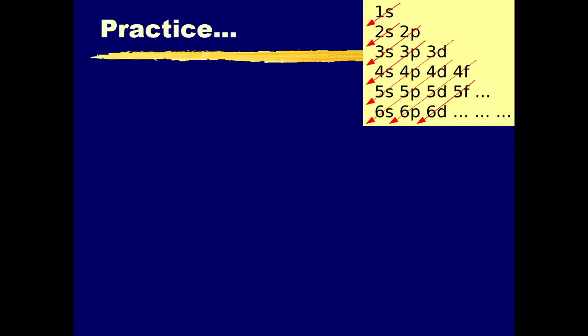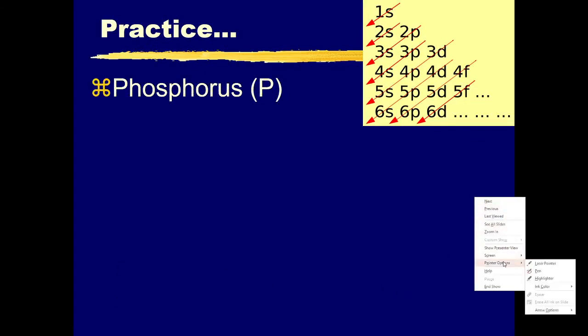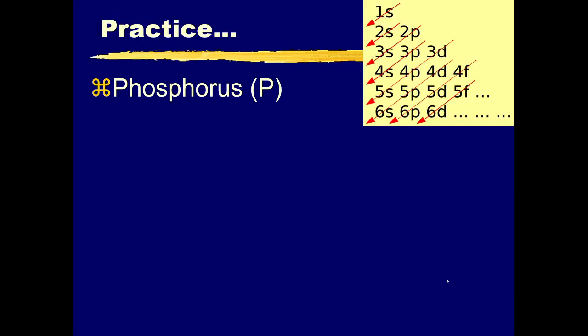Okay? Let's continue. Let's have the element phosphorus. What is the atomic number of the element phosphorus? 15. So there are 15 electrons. Now, let's begin.